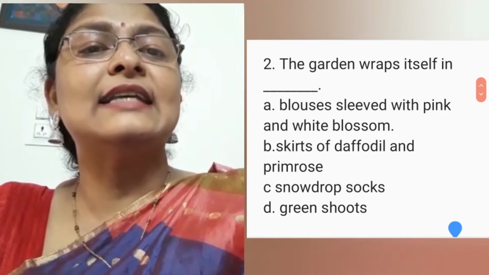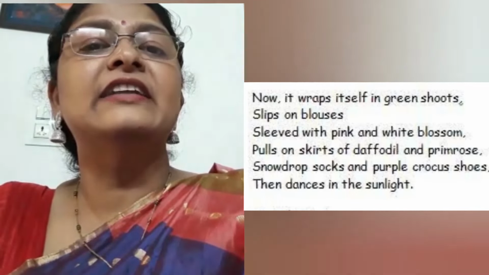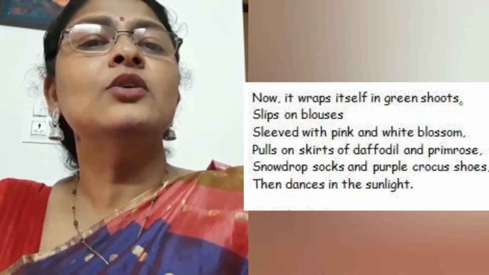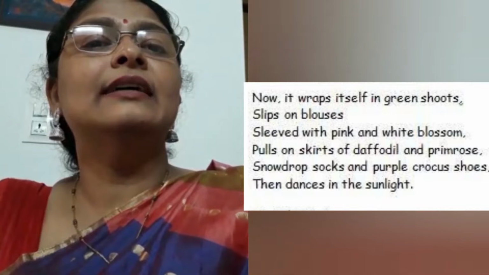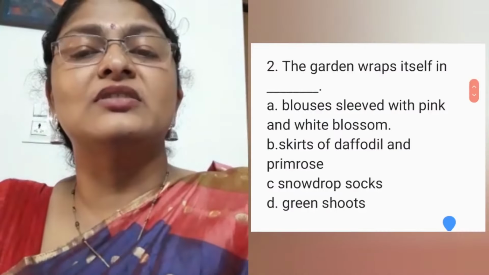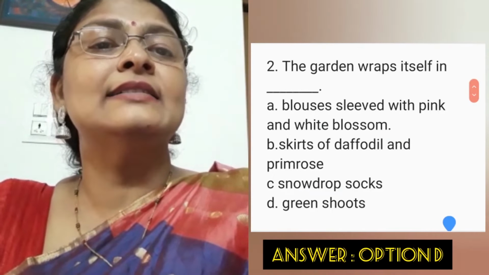So in the second stanza we can say, now it wraps itself in green shoots. It meaning it must be. So what could be the answer? The garden wraps itself in green shoots. It is very clearly given in the poem, isn't it? So answer is D.